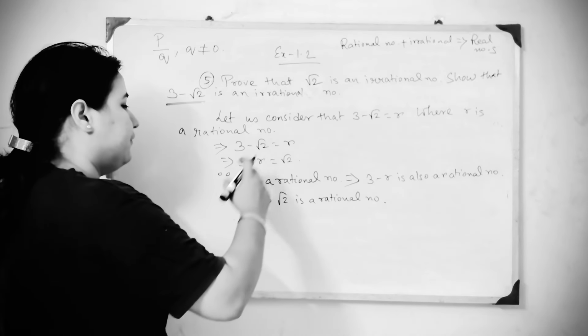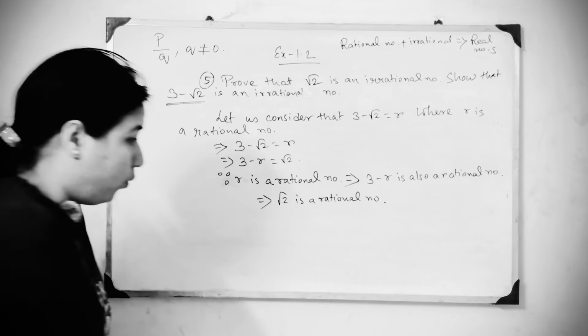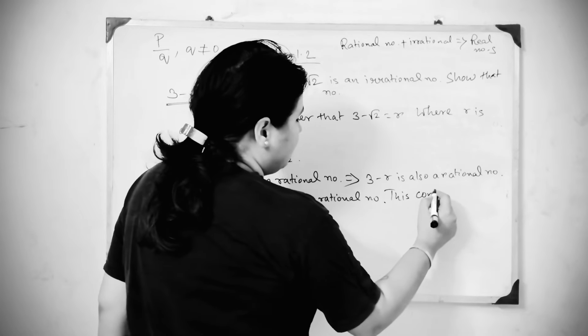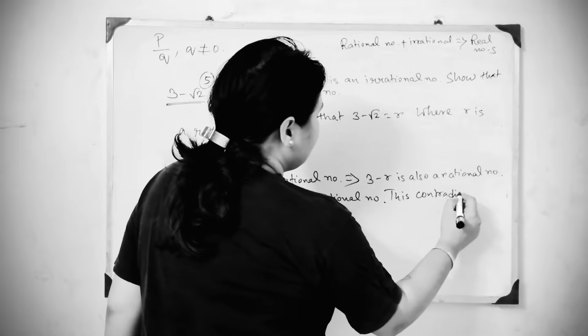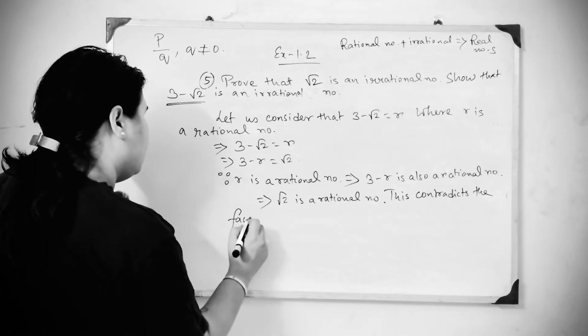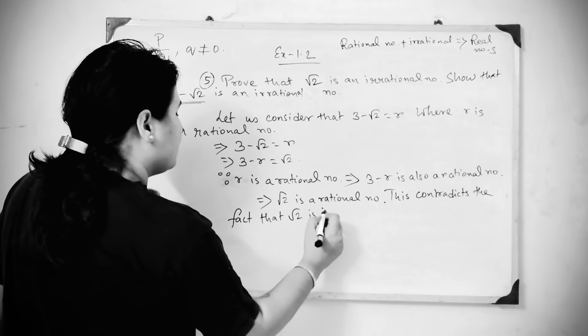So if 3 minus r is a rational number, root 2 is also a rational number, which contradicts the fact that root 2 is irrational.